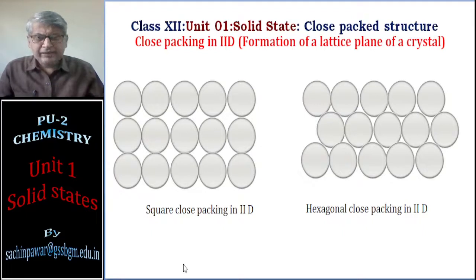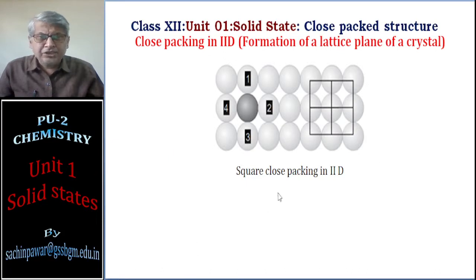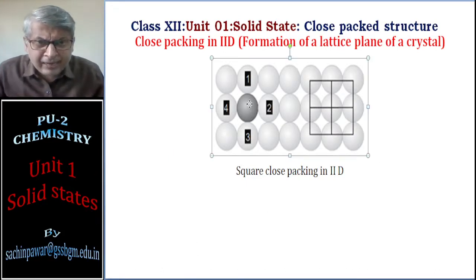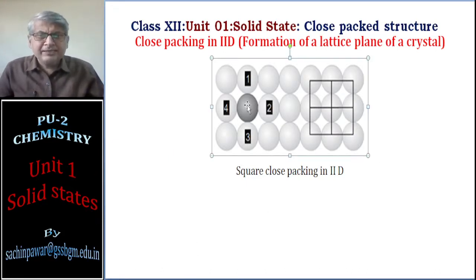Square close packing. Why is it called square close packing? Again, you check out the coordination number. You will see every particle is in contact with 4 neighboring particles. And if you use an imaginary line and join those particles, you will see a square.